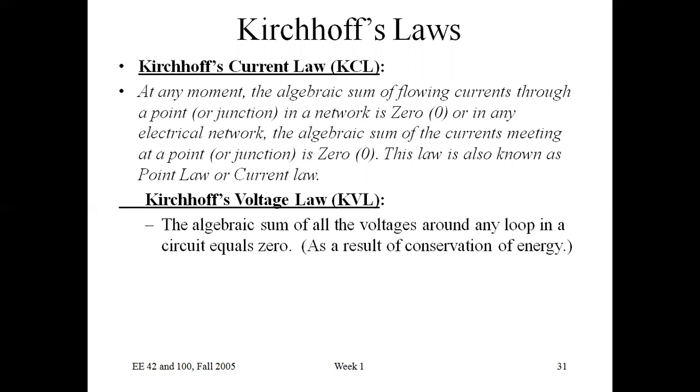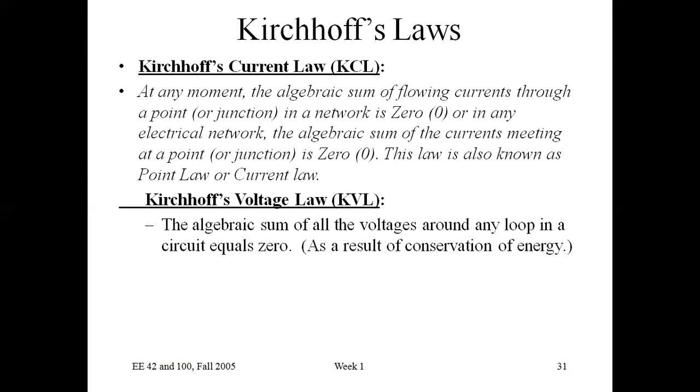This Kirchhoff's current law is associated with the currents in the network which are entering or leaving at a junction. At a particular junction or node or a particular point of the network, whatever the number of currents entering at that point, the sum of all those entering currents is always equal to the sum of the currents leaving that point or node.